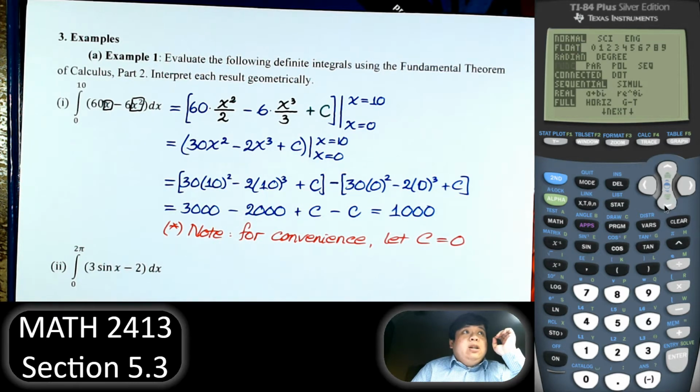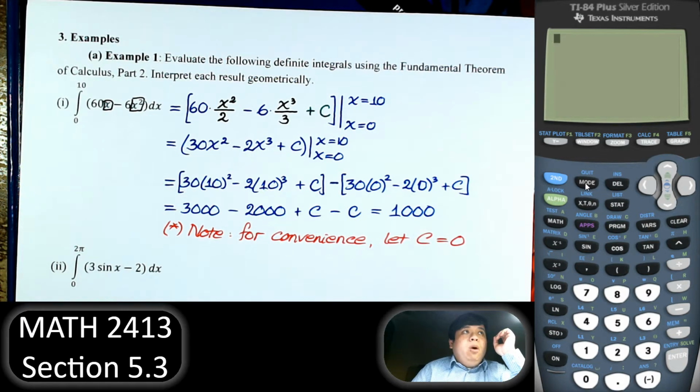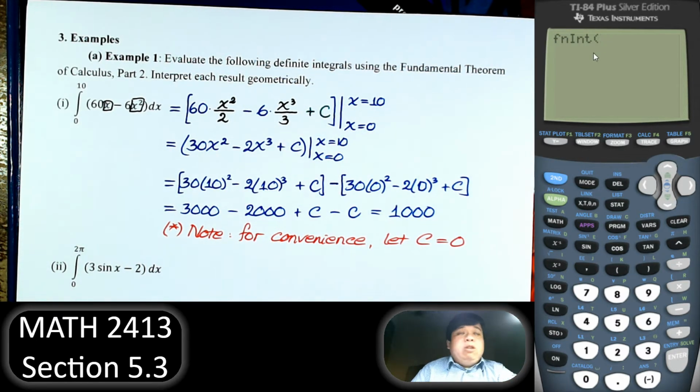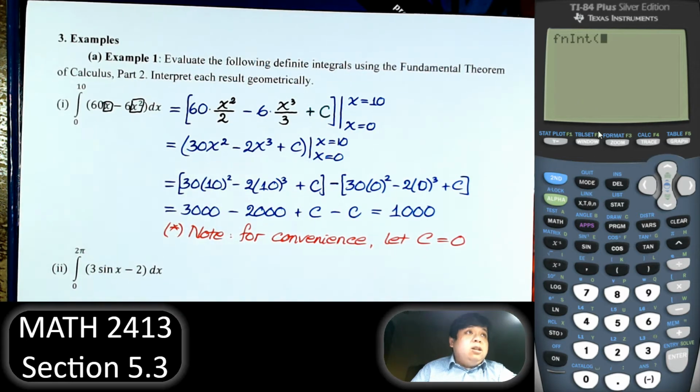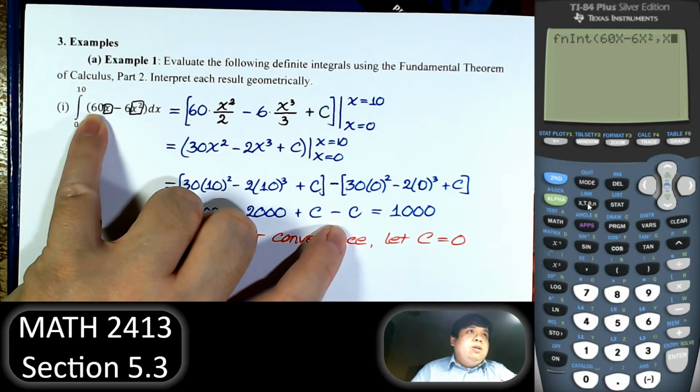If your calculator is an older model, like the TI-83 or the early edition of the TI-84, we have the classic view. When we hit math number 9, this is what we see, fnInt, which is perfectly fine. We will still enter 60x minus 6x squared. This is a function. The variable is x.